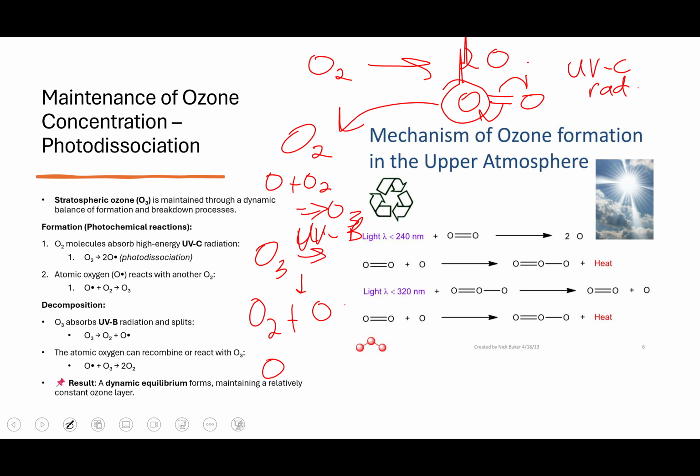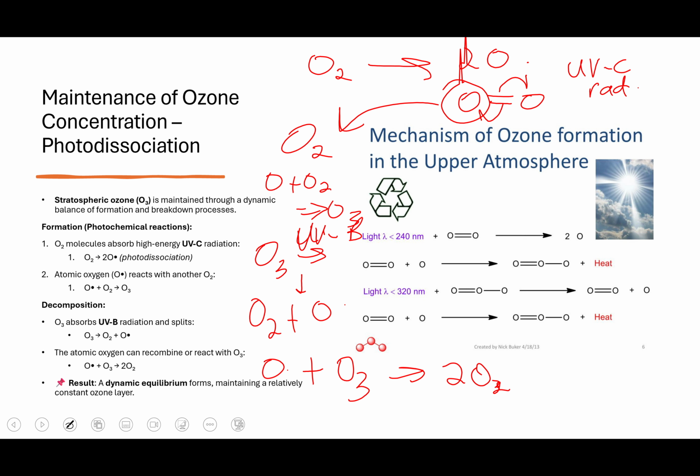Now when the oxygen atom reacts with another molecule of ozone, it produces two oxygen molecules. So UVC radiation breaks the oxygen molecule down into individual atoms, and then one of those atoms reacts with an oxygen molecule to create O3, which is ozone.